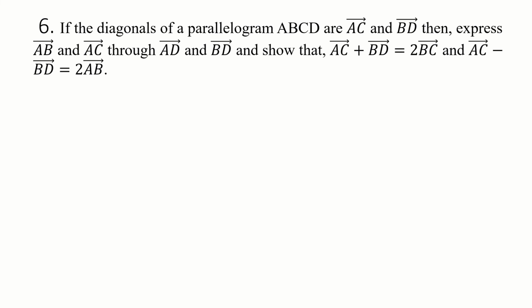and also you have to show AC vector plus BD vector equal to 2 into BC vector, and AC vector minus BD vector equal to 2 into AB vector.